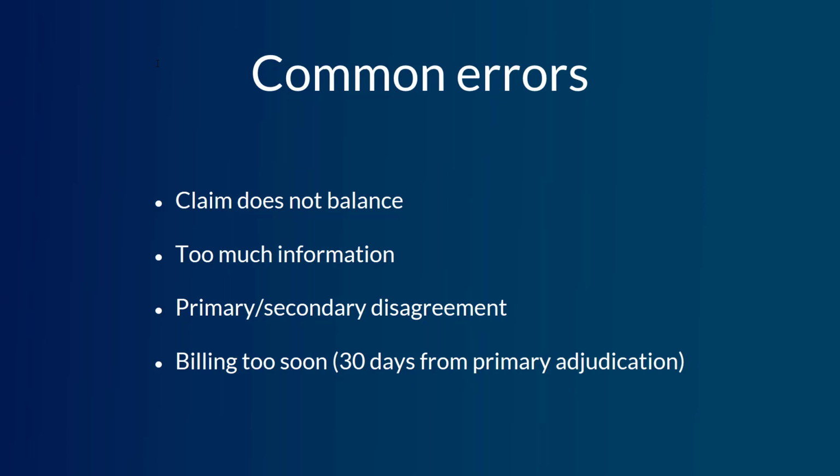So there are a few payers, and possibly more in the future, that have instituted a rejection policy that if they get a COB claim within 30 days from that primary adjudication date, they are going to reject it and wait until those 30 days are up. If they get an automatic crossover, they will process it based on that.